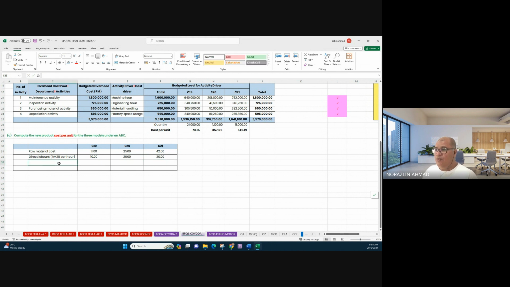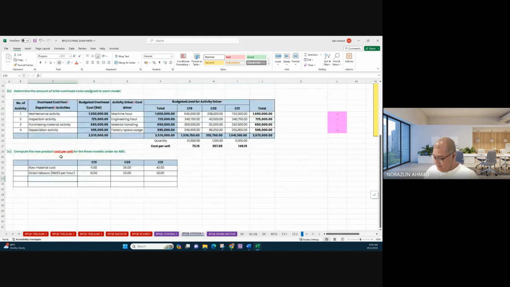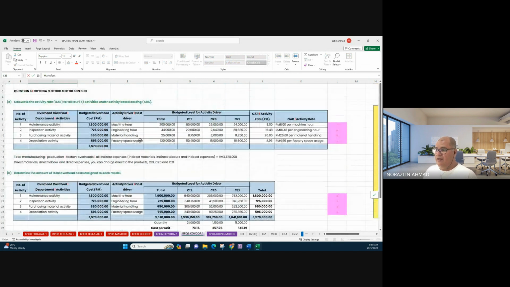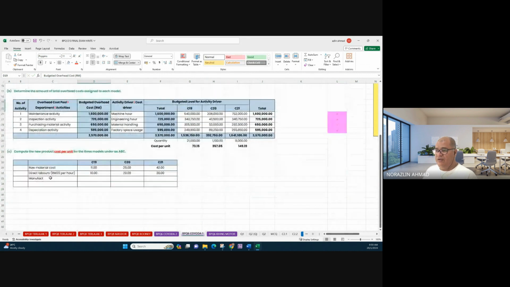Another one is what? Manufacturing overhead. The question stated manufacturing overhead. So we use the manufacturing overhead. Which cost do we need to use?